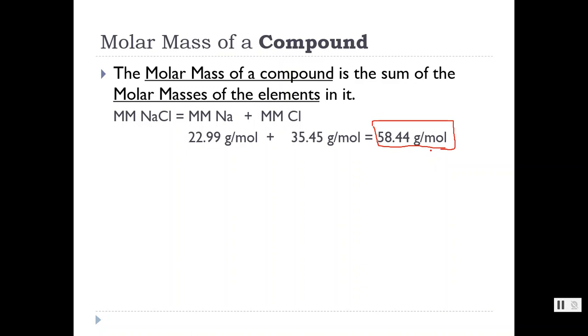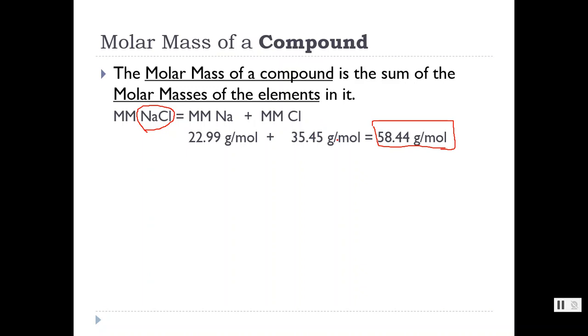So the molar mass of a compound is just the sum of the molar masses of the elements in it. So now you can see why it's really important to be able to write correctly formed chemical formulas, because if your chemical formula is incorrect, then you're not going to have the correct molar mass to do your calculations.